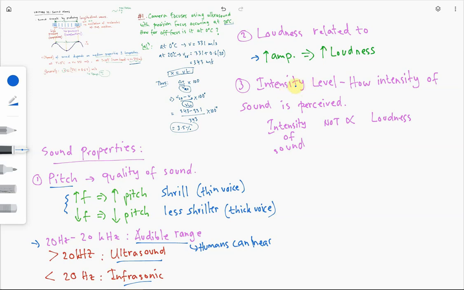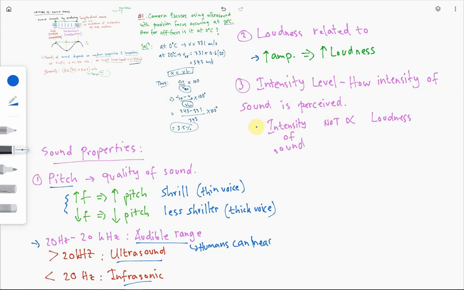Then comes intensity and intensity level of the sound. We have already talked about intensity of any kind of wave. Now, specifically, we will try and talk about intensity of a sound wave. The intensity level is basically how the intensity of the sound is perceived.